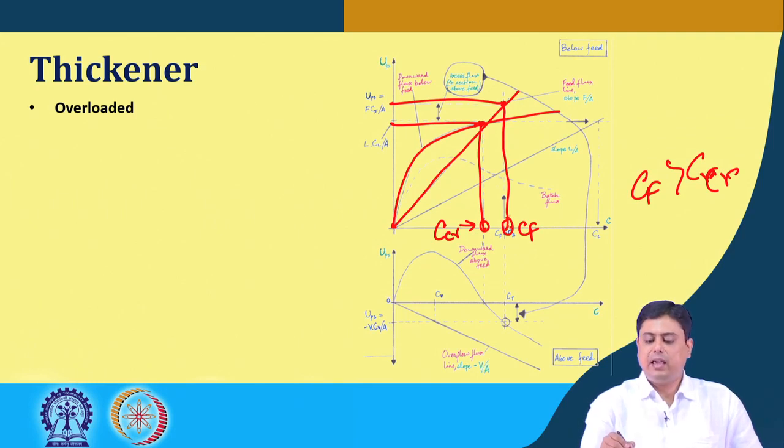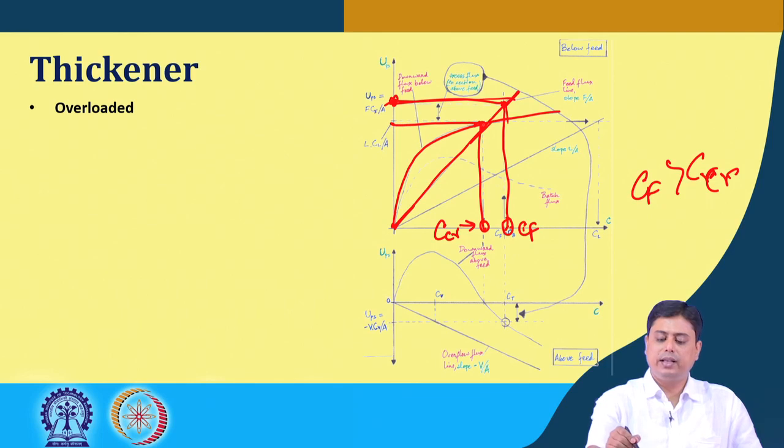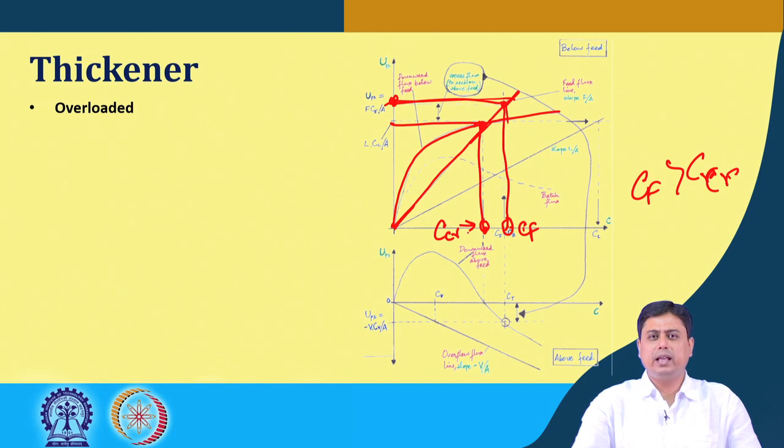This Cf corresponds, because the F by A line represents the relation between the flask and its corresponding concentration. So if the concentration is this one, the feed flask is this value, but the thickener can handle this critical condition. Critical condition means again the condition where the total flask in the upward section is 0.